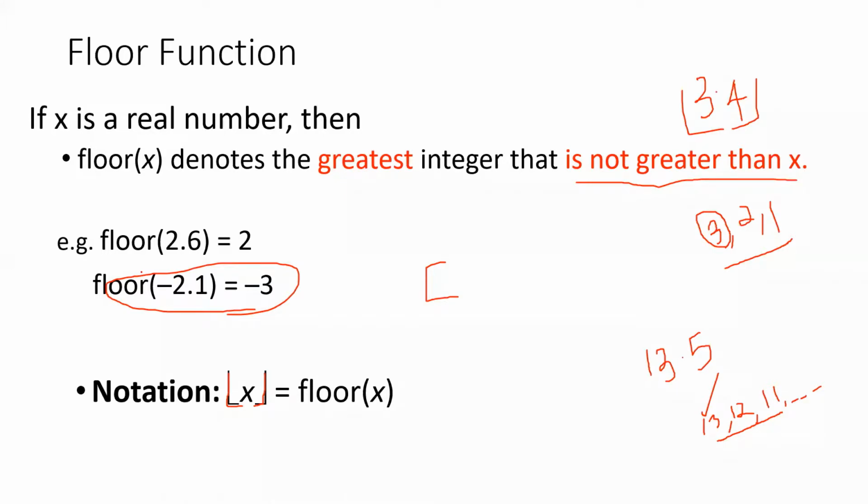Other functions are also there. Whichever you find easy, you can write. When executing, you have to find the second part of the definition first, which is not greater than x.